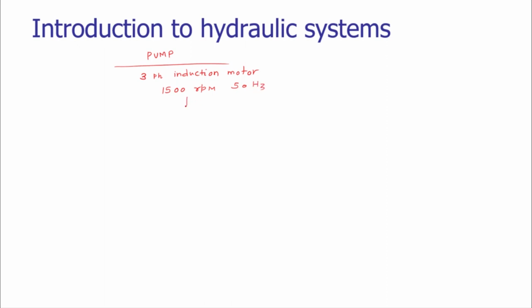The pumps are specified by using two parameters. The first one is pump capacity and the second one is the working pressure.